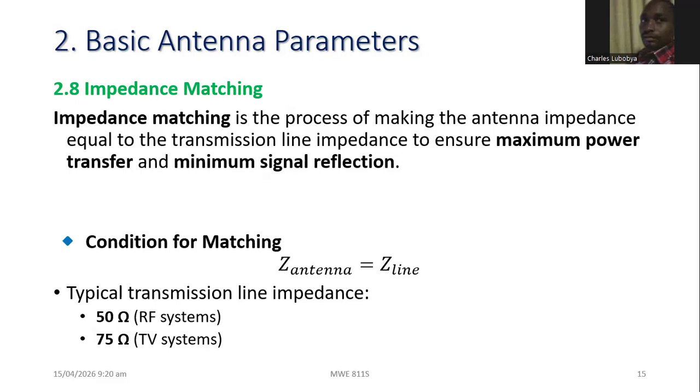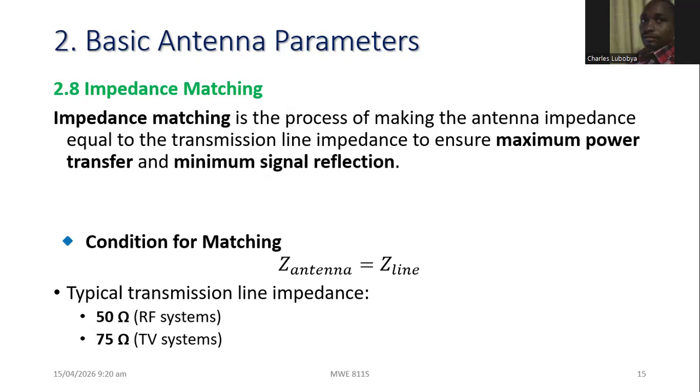So impedance matching becomes very, very important to minimize signal reflection. For typical transmission lines, you always find that for RF systems, you have a characteristic impedance of 50 ohm, and 75 ohm for TV systems. So if the transmission line impedance is 50 ohm, then the antenna impedance must match that.